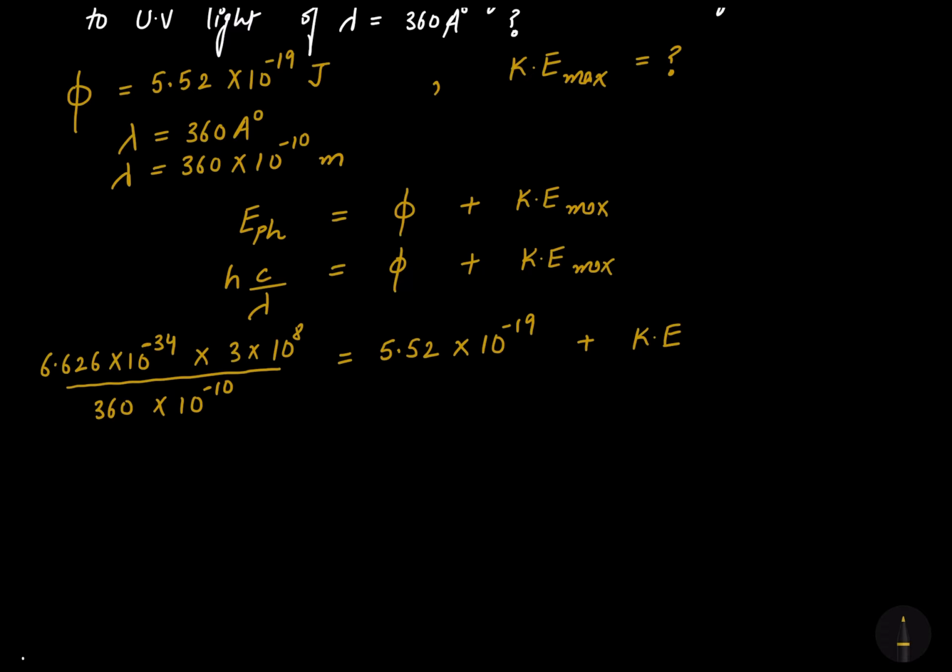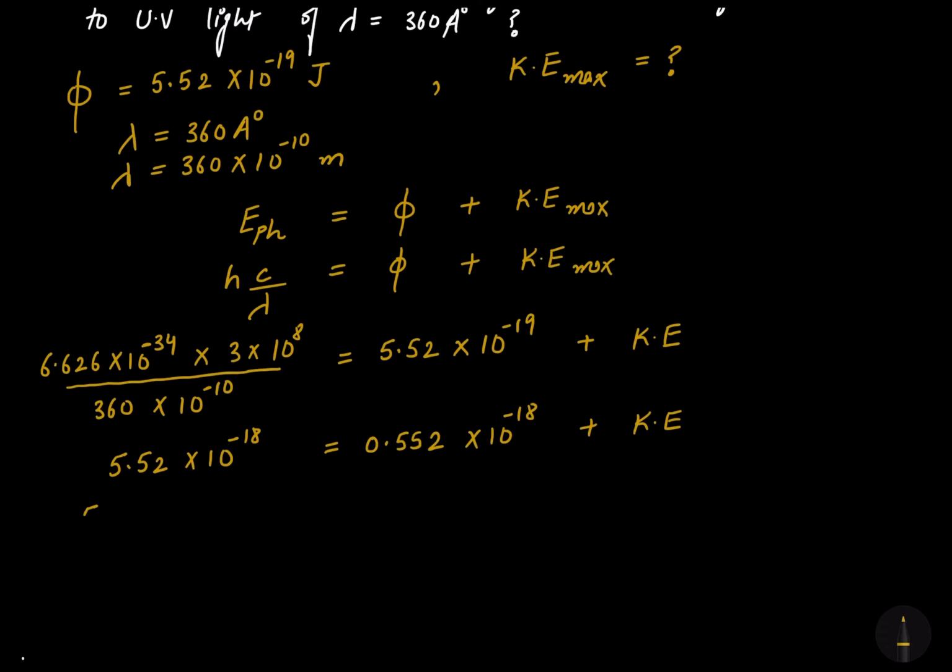So after solving the energy of photon, that is h c by lambda, we got its value to be 5.52 into 10 raised to the power minus 18, which is equal to, let's convert the value of phi in terms of 10 to the power minus 18. So it comes out to be 0.552 into 10 to the power minus 18 plus kinetic energy.